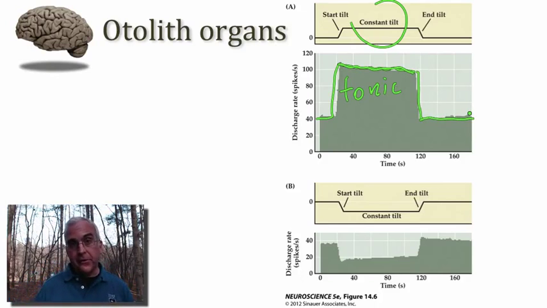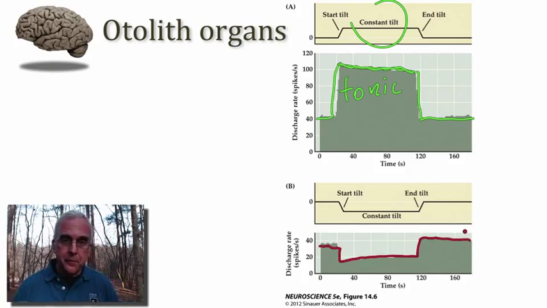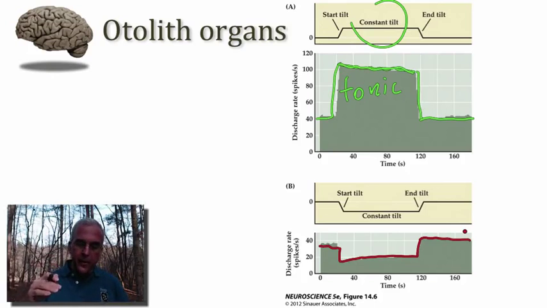Now if we were to tilt in the opposite direction, the very same axon would be expected now to decrease its firing rate. And that's exactly what happens. So if we're recording from the cell that was activated by a forward head tilt with the backward head tilt, then that neuron is going to have a decrease in its firing rate.